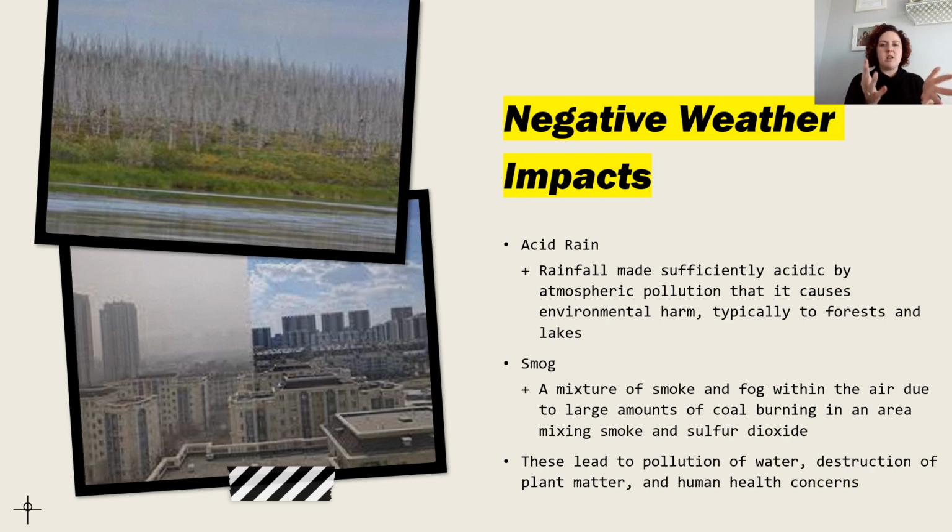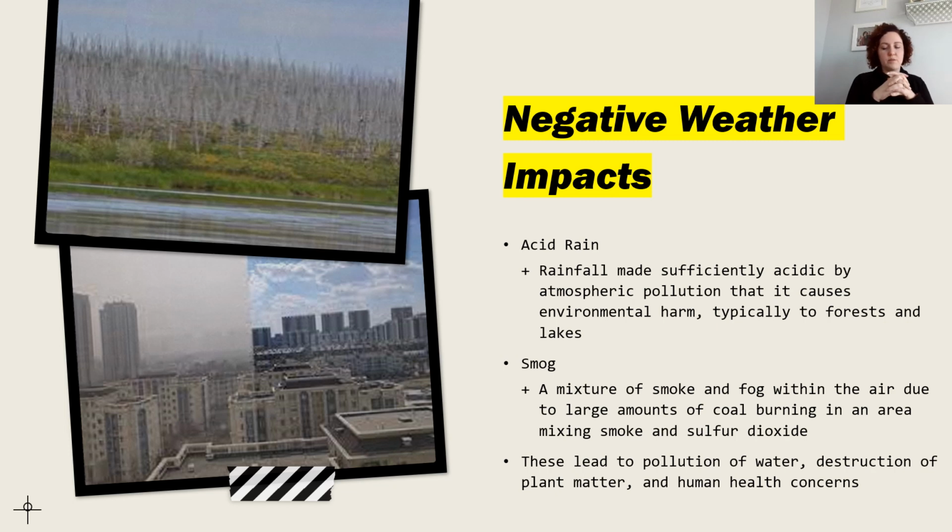Another negative weather impact would include smog. This is a mixture of smoke and fog within the air due to large amounts of coal being burned, mixing with smoke and sulfur dioxide and things like that. The bottom picture is the same city, just a couple hours different.